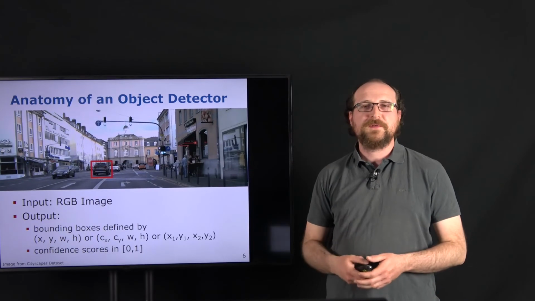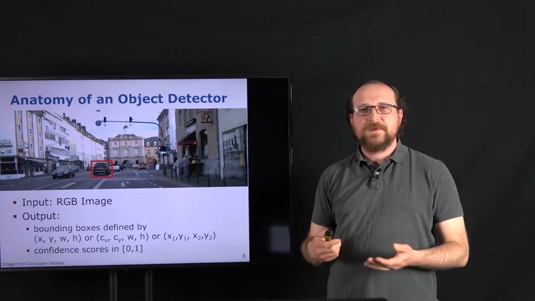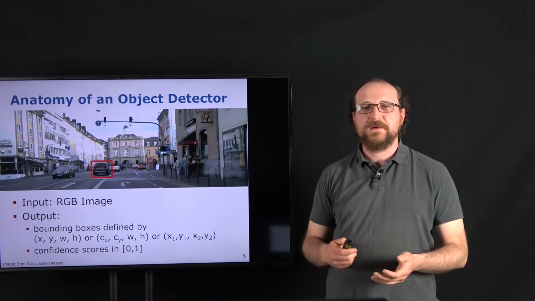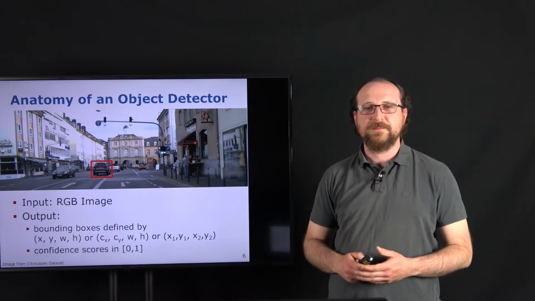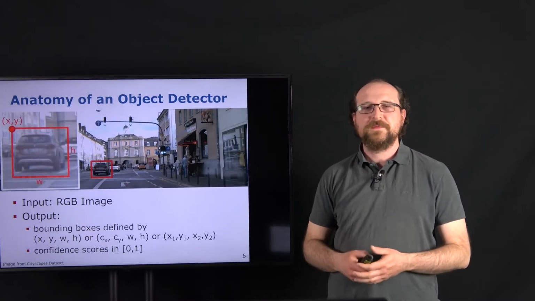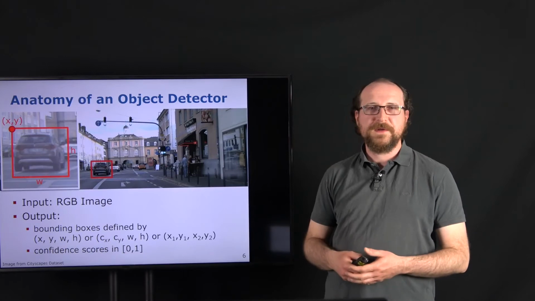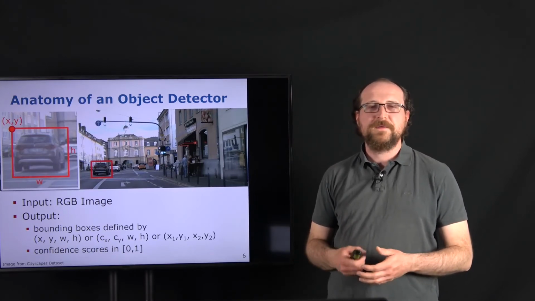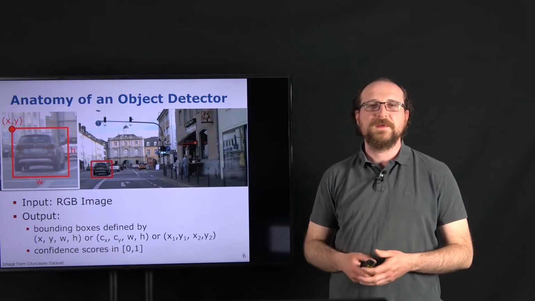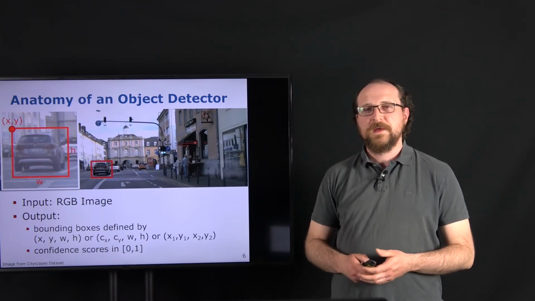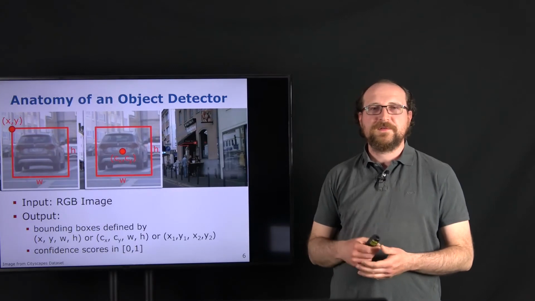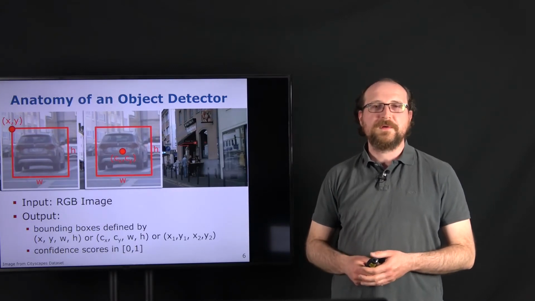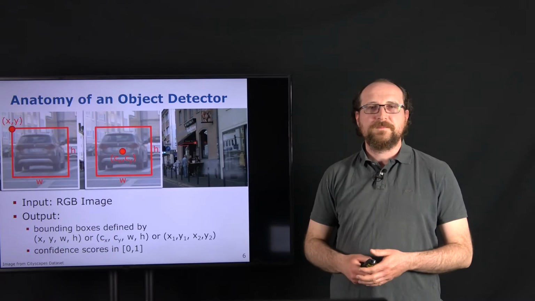The bounding box can be defined differently. There are common ways of defining it. One very common way is to define the bounding box by the upper left corner, the XY coordinate, and by the width and the height. This is everything that we need to define the bounding box. But we can also encode just the center of the bounding box, and the width and the height.